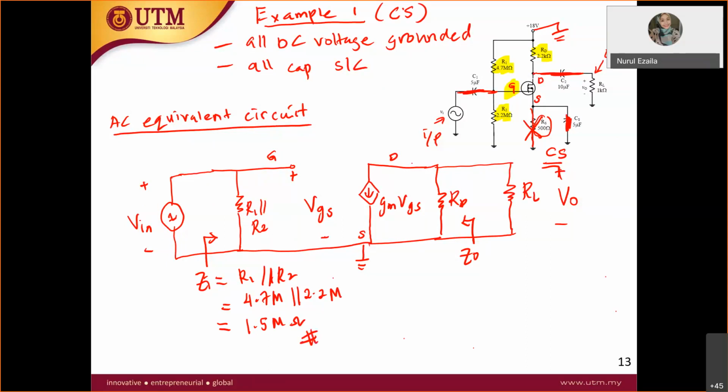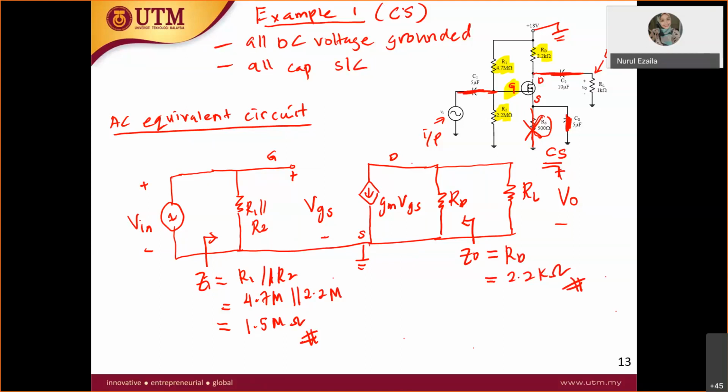For the Z out, do you have to parallel with RL? Z out is equal to RD, which is equal to 2.2 K ohm. So that is for the Z out and Z in.